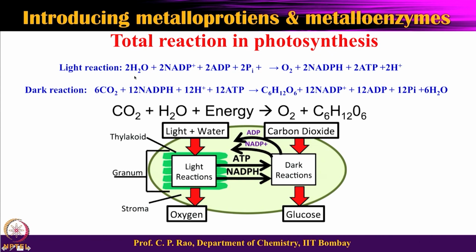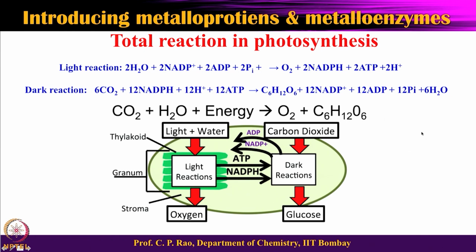So, as you can see, in the light based reaction and the dark reaction, CO2 is getting reduced to carbohydrate, there is a lot of ATP involvement, and in the water to oxygen reaction, there is a lot of ADP involvement. So, as you can see, the light reactions and the dark reactions are the coupled reactions that you have.